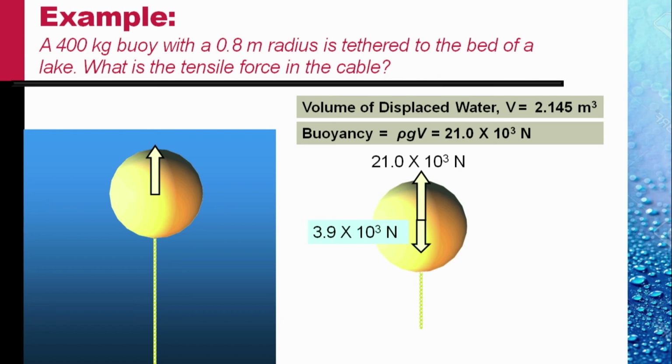This is the free body: 21 into 10 to the power 3 Newton upwards, and the weight of 400 kilogram, which is 3.9 into 10 to the power 3 Newton, downwards, and the difference must be balanced by tension, which would give you 17.1 into 10 to the power 3 Newton.